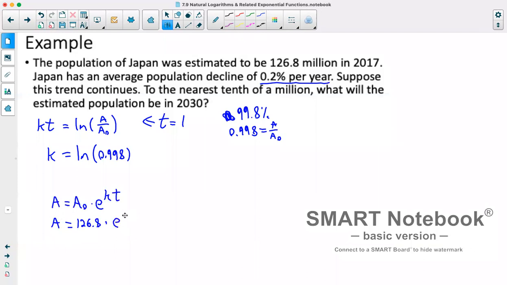So times e to the power of the natural logarithm of 0.998 times our time, which we have 2030 minus 2017. So that will be 13 years. And that gives us a population in 2030 that's expected to be 123.5 million.